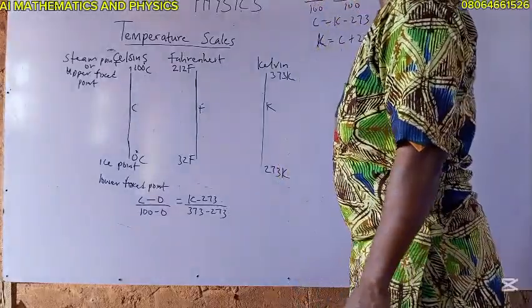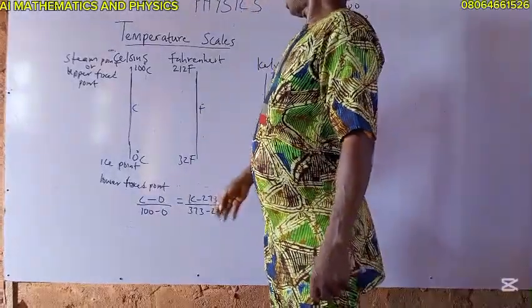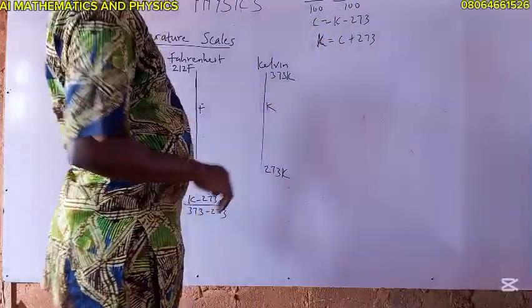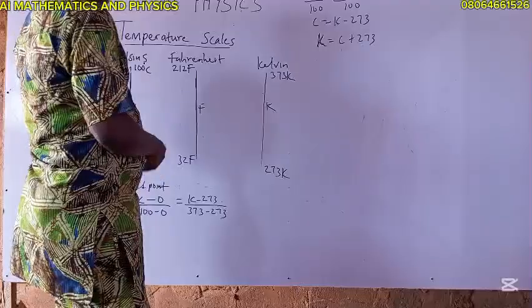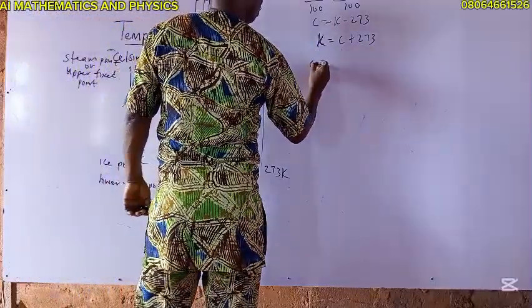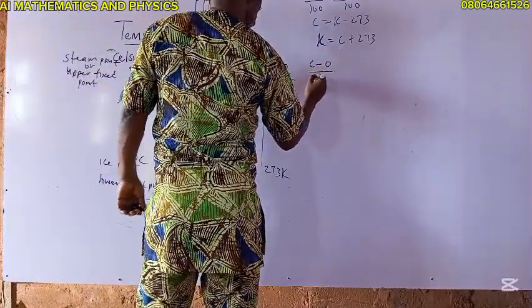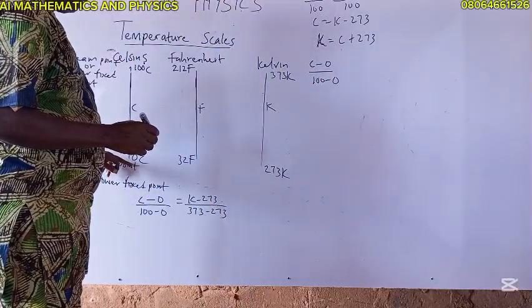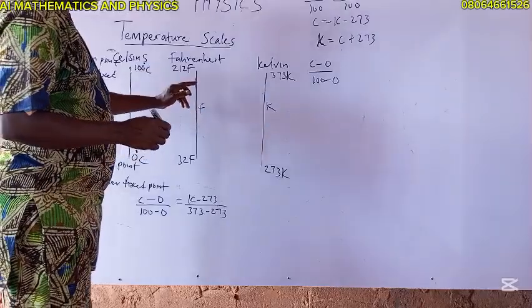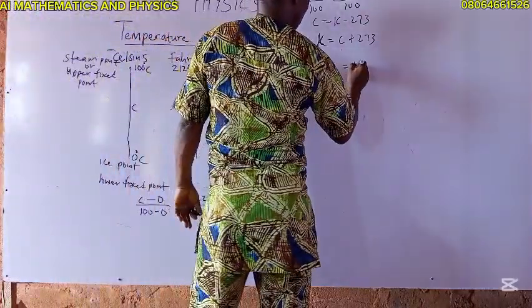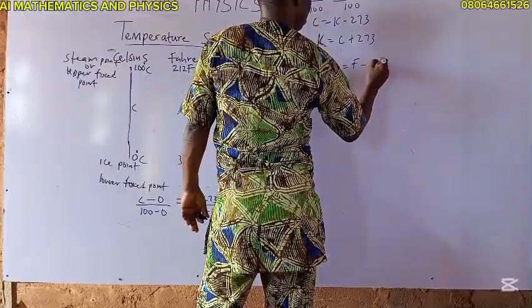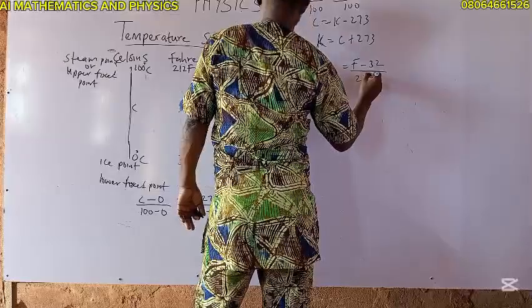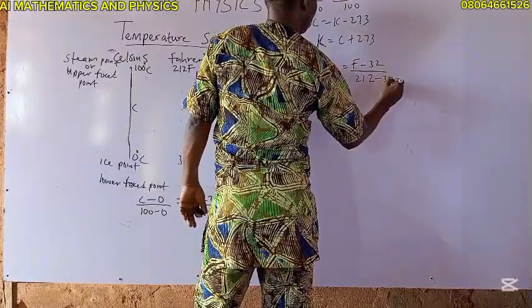Let us try Celsius and Fahrenheit, using the same way. C minus 0 over 100 minus 0 is equal to F minus 32 over 212 minus 32.